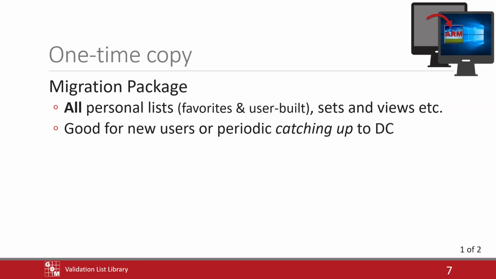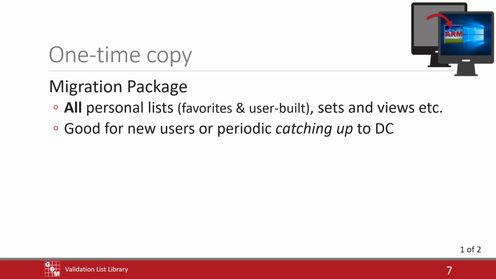Okay, so diving into each of these, our first category was those one-time copy. And the first, the most basic automated thing would be just to utilize the migration package functionality in ARM. Kind of hinted at it actually a moment ago.